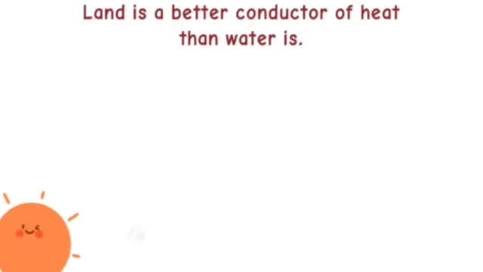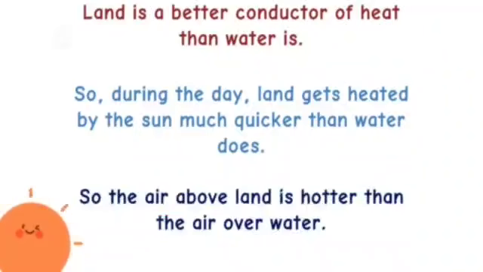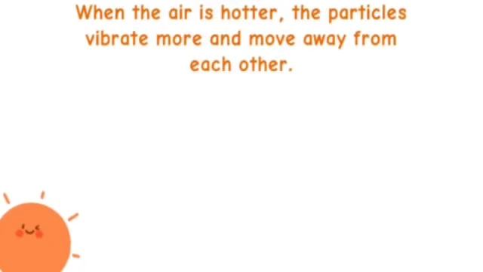Land is a better conductor of heat than water is. So, during the day, land gets heated by the sun much quicker than water does. So, the air above land is hotter than the air over water. When the air is hotter, the particles vibrate more and move away from each other.